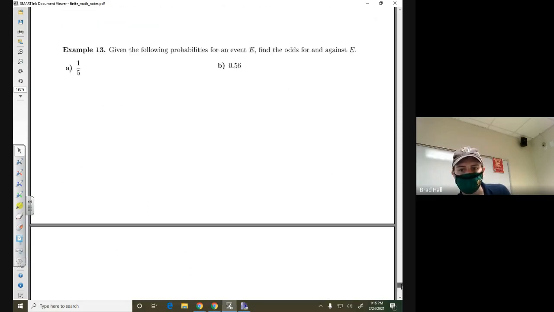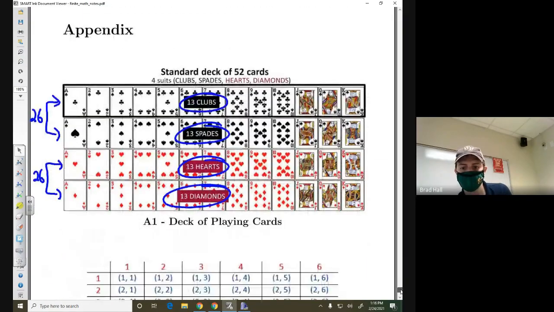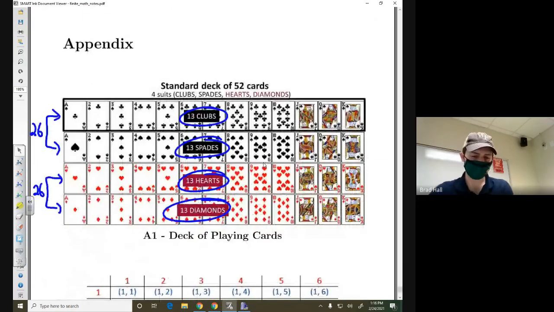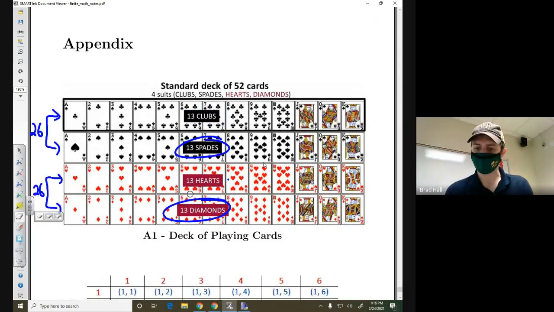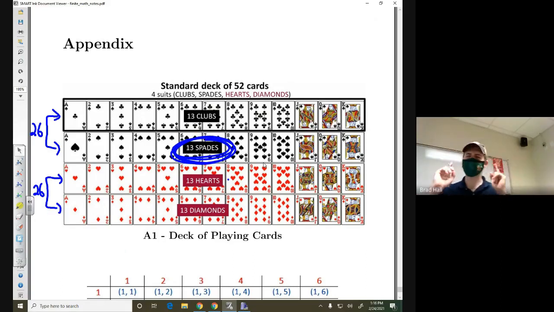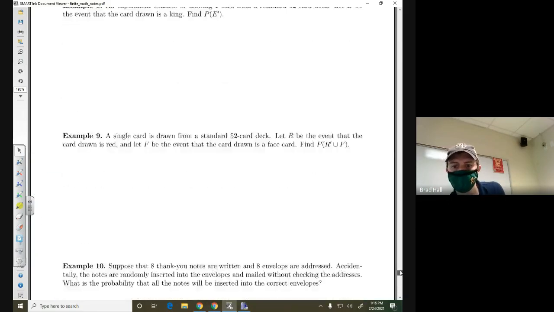So if we scroll down here, so what did it say, a spade? Yeah, so it said a spade. So I'll leave the spade one circled. So if you see, if it says spades, clubs, hearts, or diamonds, it's referring to a suit. And so as we see here, it's 13 spades. So let's keep that number in mind. There's 13 spades. I'm going to scroll back up.